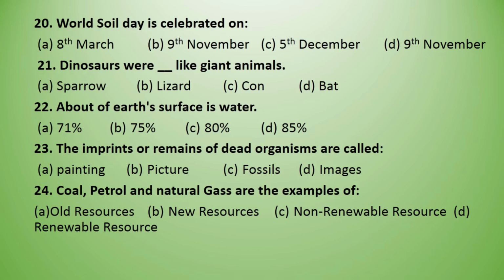Answer is C. Fossils. 24. Coal, petrol, and natural gases are the examples of A. Old resources, B. New resources, C. Non-renewable resource, D. Renewable resource. Answer is C. Non-renewable resource.